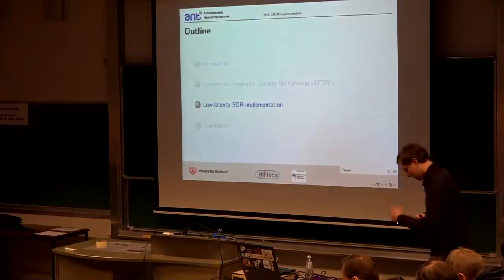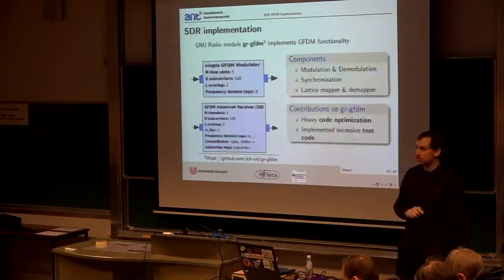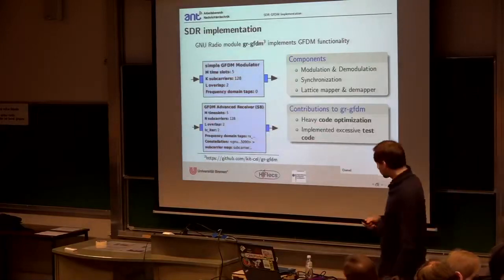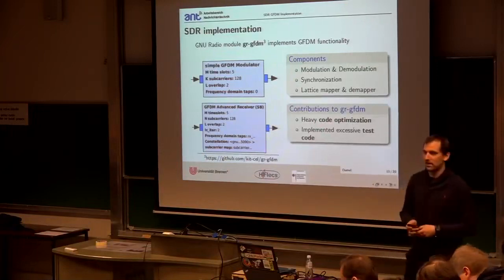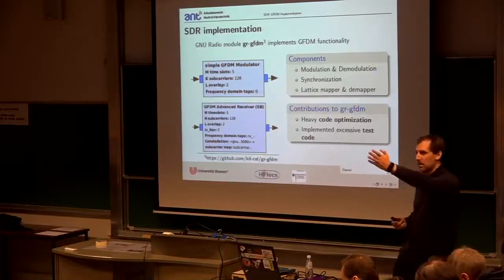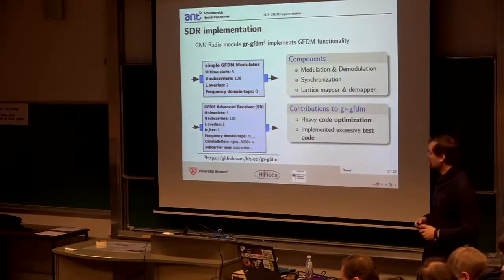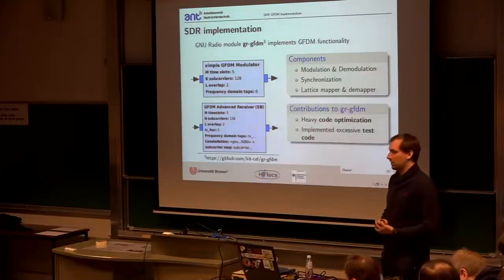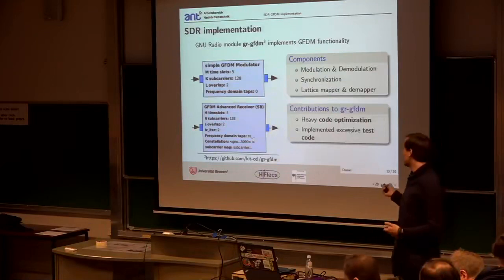Okay, so let's move on to our low latency SDR implementation. I didn't have to start from scratch. When I started to look at GFDM, I looked around if I could find any previous works, and I did. Thanks, Andre. He already started GFDM, and I took that up and implemented all the things I needed and worked on code optimization.